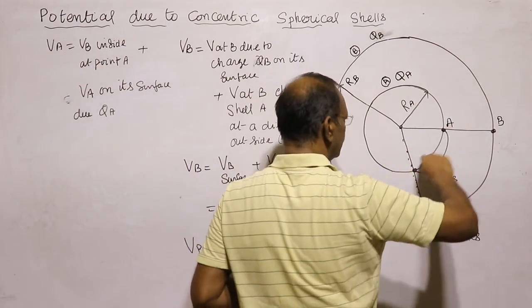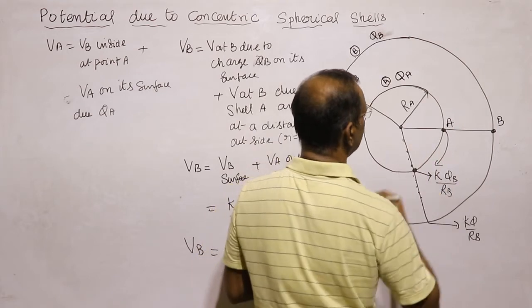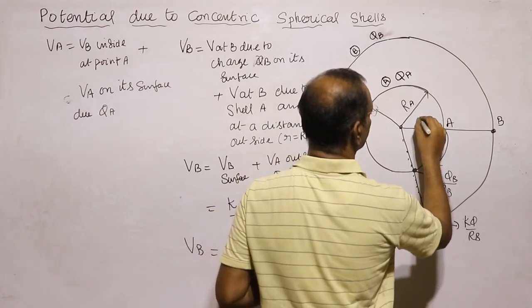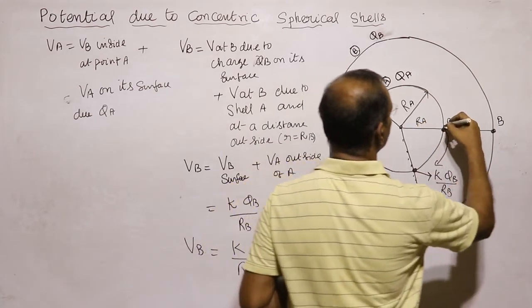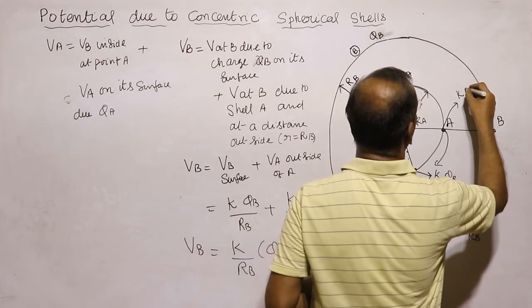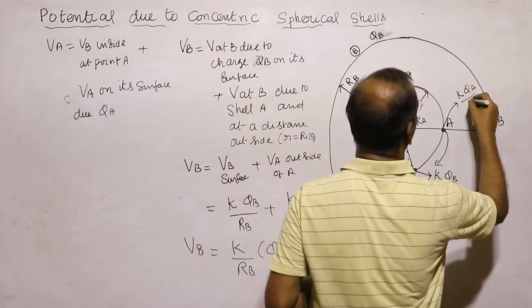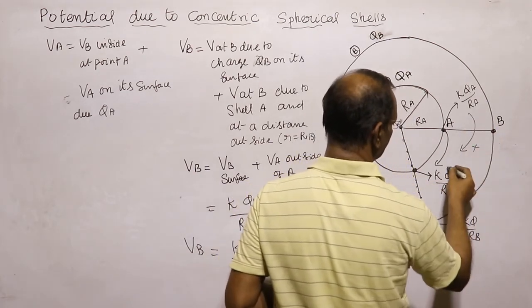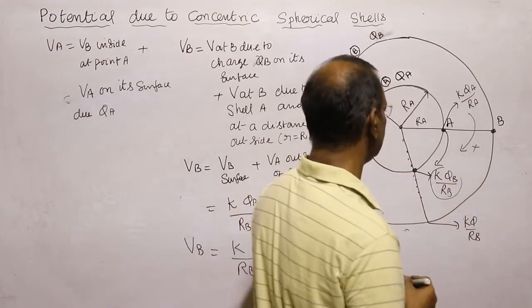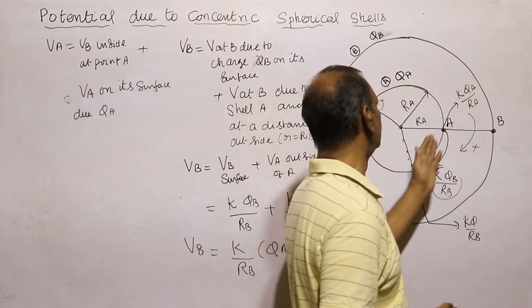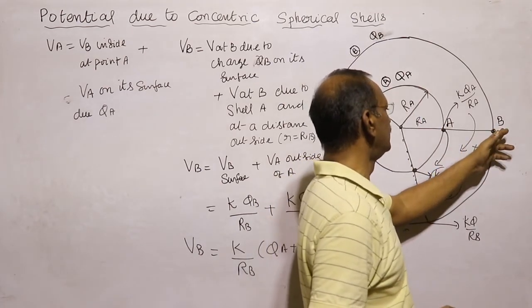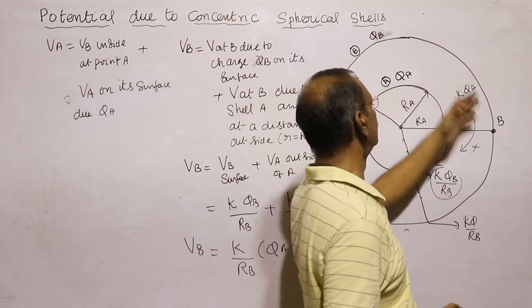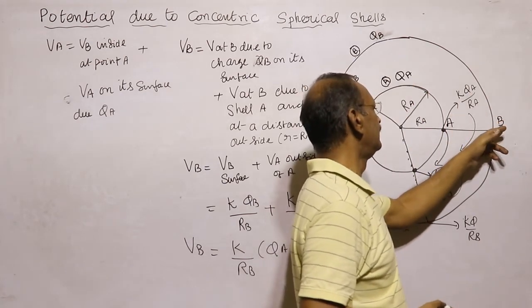At this point, this will give a potential at a distance of RA. So this will have a potential of K QA by RA, plus this one also. And the surface potential on the surface of A due to its own charge, and the potential due to B, which is having a charge of QB, inside due to B.